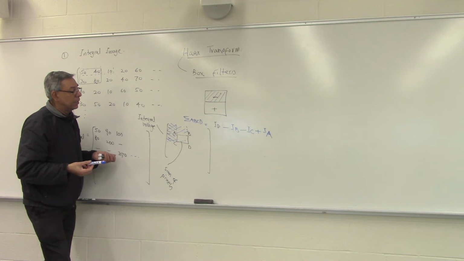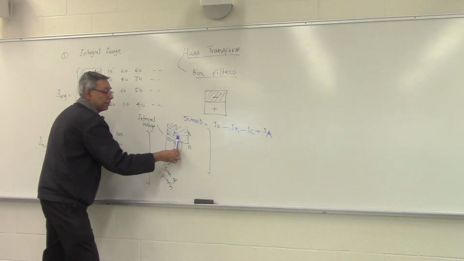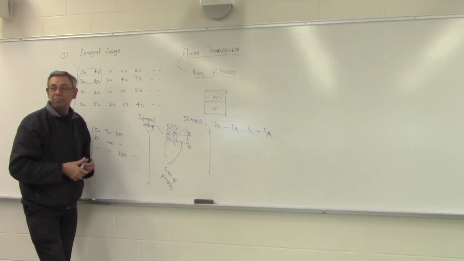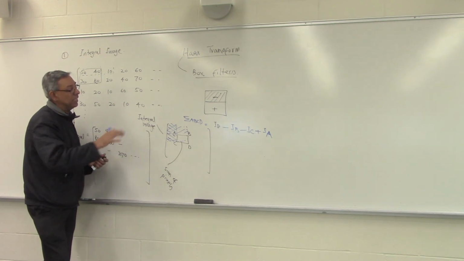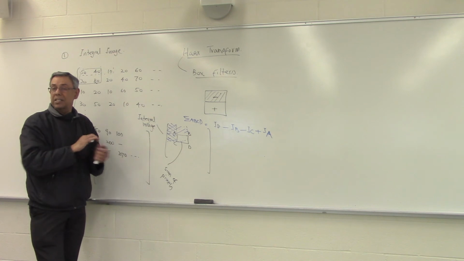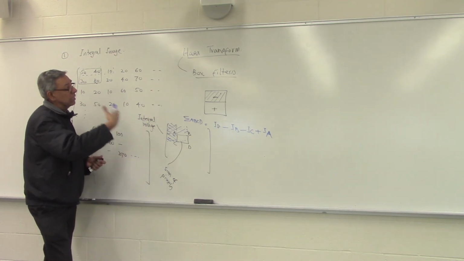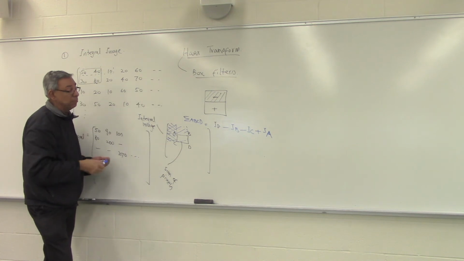And we are done, regardless of whether we have 10,000 pixels in this region. So you'll see after the integral image, everything becomes extremely fast. You will see this concept of integral images quite a bit in computer vision.